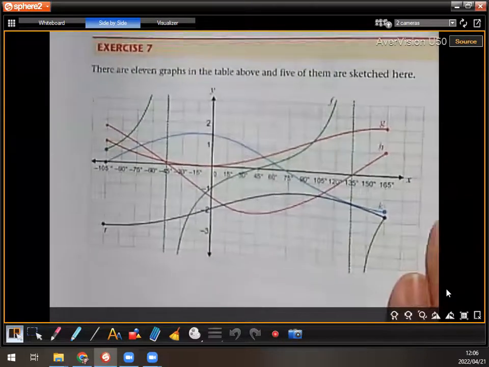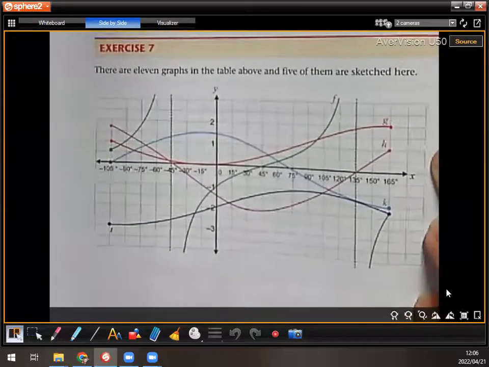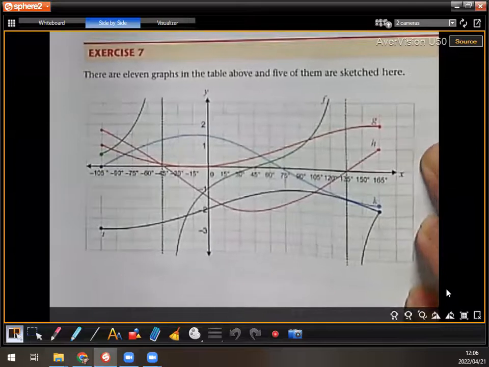So I'm going to freeze that, and I'll just write down the letters next to them, because the letters are a bit difficult to make out. So this one is T. This one is H. The tan graph is F, and then this one is T. K is this one.